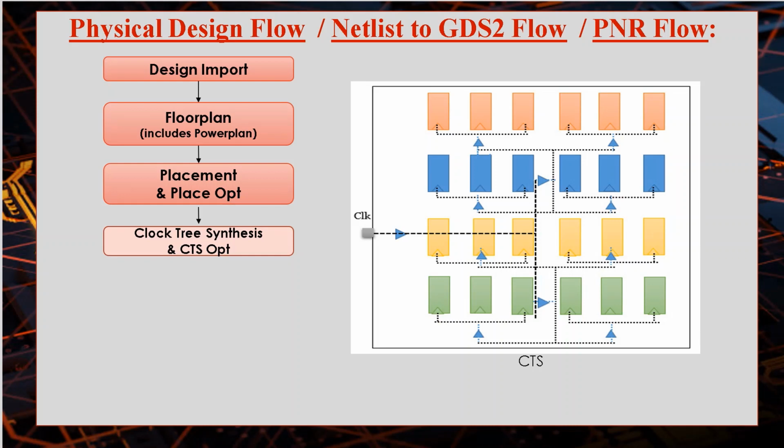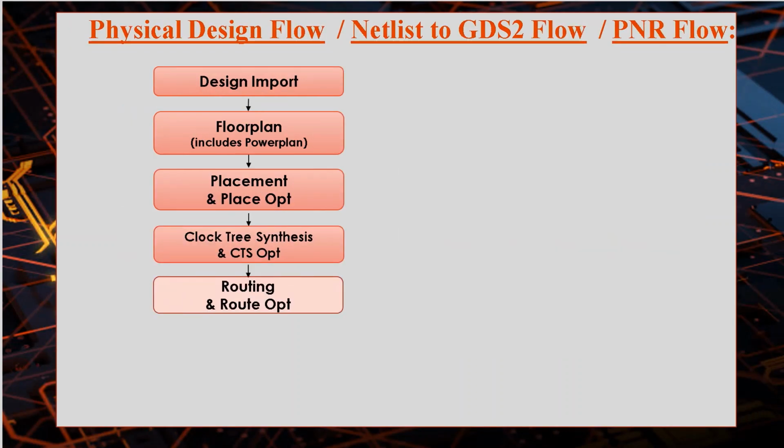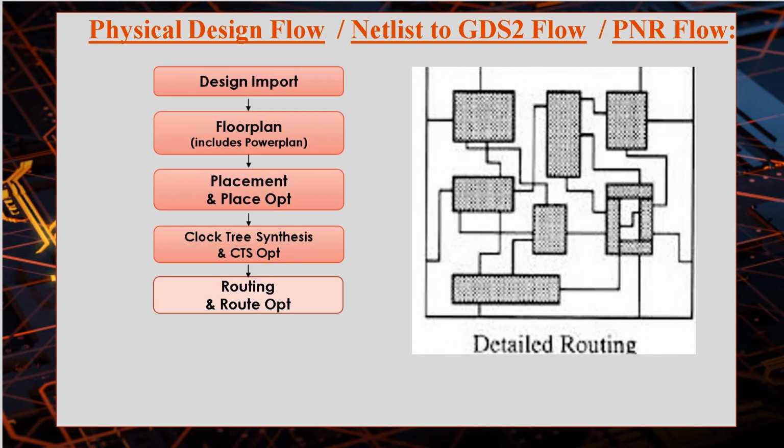After CTS, the CTS optimization is done, which includes meeting the timing, area, power, and other constraint requirements. After the CTS opt, the next stage in the PD flow is routing. In this stage, the tool makes signal connections for all the cells using metals and vias as per the logical connections defined in the netlist.